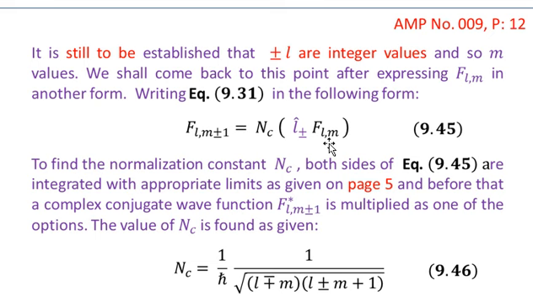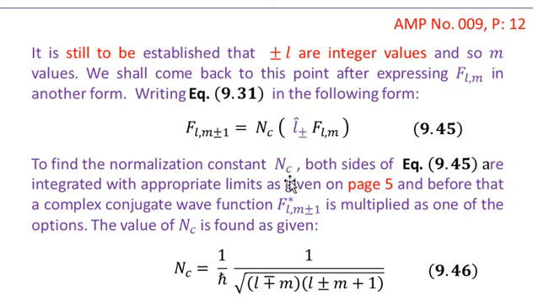We need to put a normalization constant, so that when we calculate the probabilities, we can calculate accurate probabilities of finding the electron in the region covered by the azimuthal wave function.